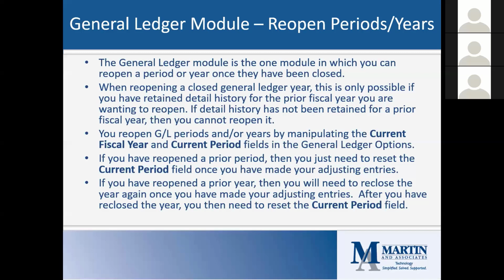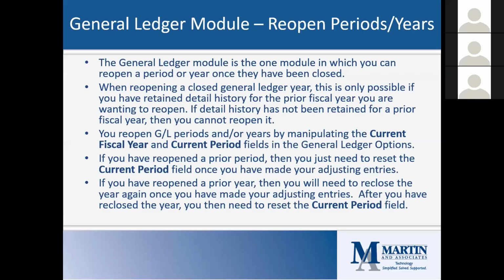You have to make sure you reclose the year that you reopened. The reason is that part of the year-end processing for GL is that it zeroes out any income and expense accounts to retained earnings, and it moves the ending balance for any balance sheet accounts over to the beginning balance for the next year.